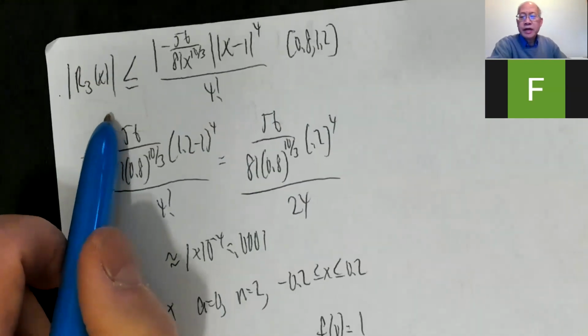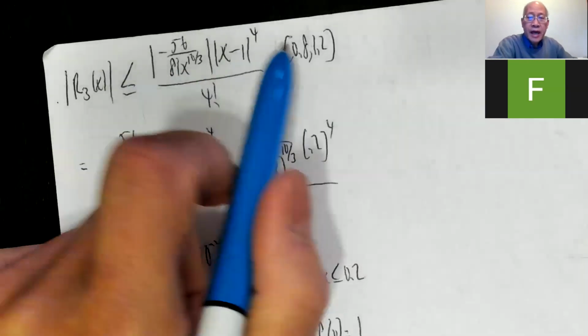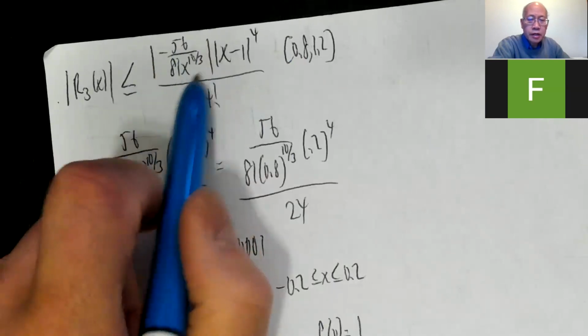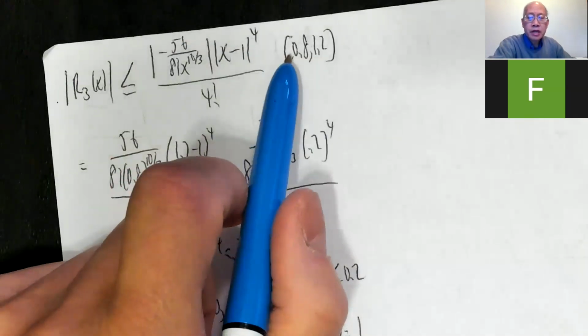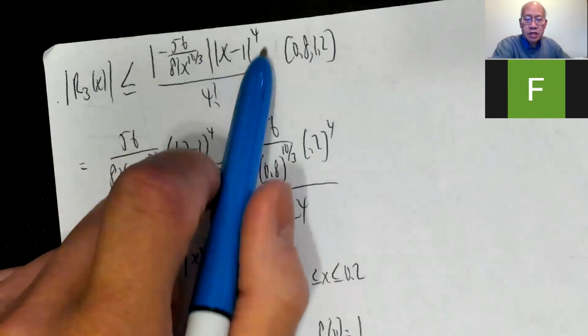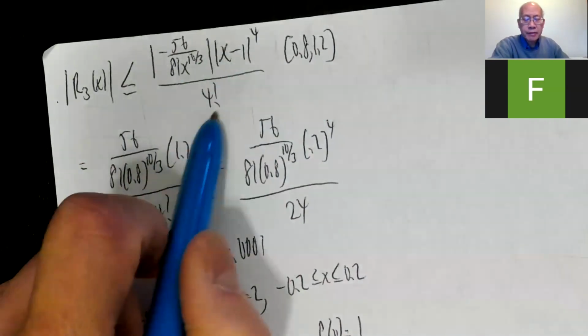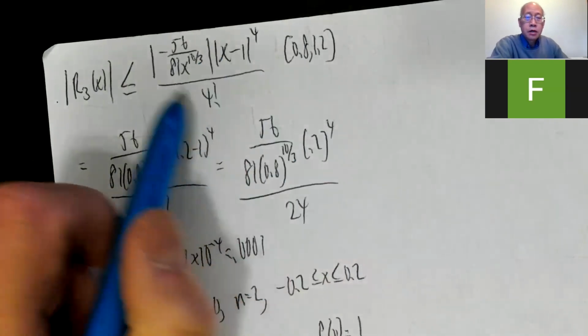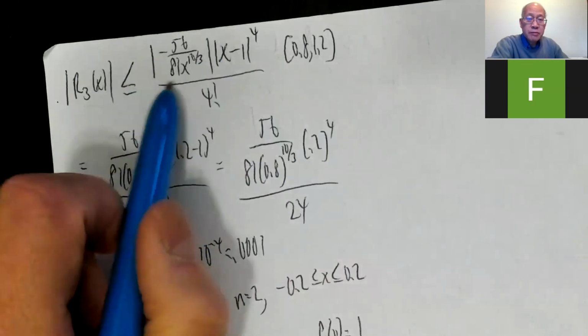The game we play again is pick x between 0.8 and 1.2 which maximizes this quantity. Separately, pick x between 0.8 and 1.2 to maximize this quantity. You don't have to talk about maximizing 4 factorial, which is 24. I dropped the negative because it's in bars.